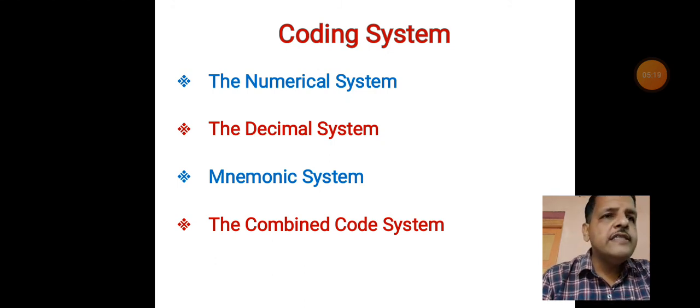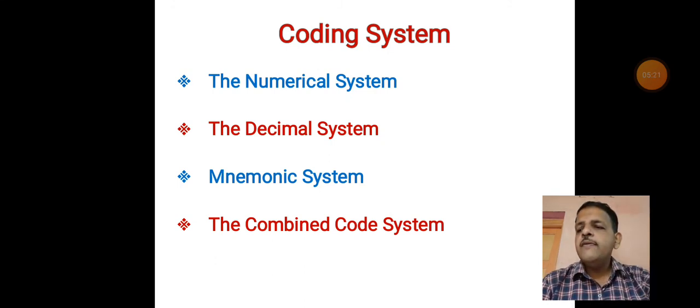Third code is the mnemonic system. The mnemonic system of coding uses alphabets and letters. These codes are easy to remember and are subject to less error. For example, distribution overheads code is DE, administrative expenses AE.